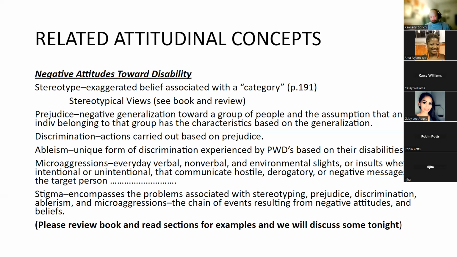Discrimination: actions carried out based on prejudice. Ableism: a unique form of discrimination experienced by people with disabilities based on their disabilities. Microaggression, I think one of my friends who took the test said this was on there.